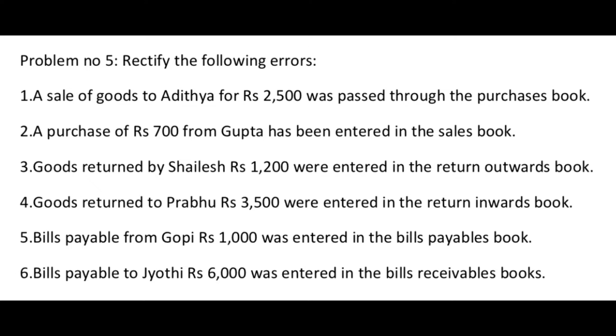Fourth, goods returned to Prabhu 3500 rupees were entered in the return inwards book. Fifth, bills payable from Gopi 1000 rupees was entered in the bills payables book. Sixth, bills payable to Jyoti 6000 rupees was entered in the bills receivables book.